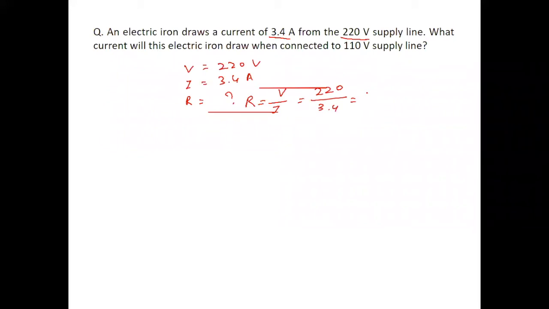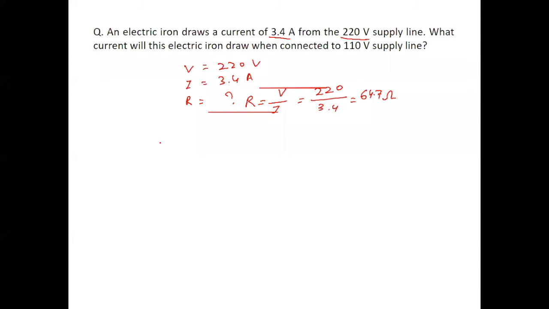Calculate this one. How much is it? Yes, 64.7 ohm.